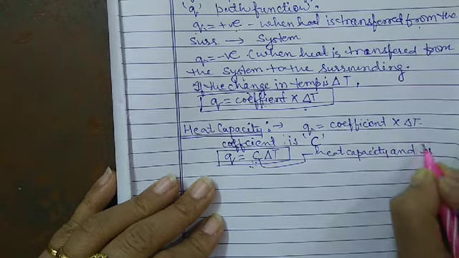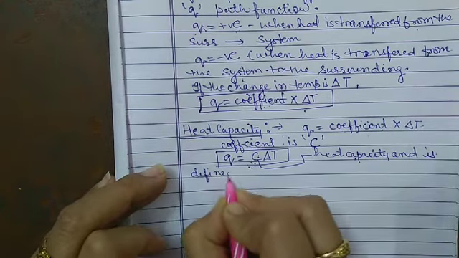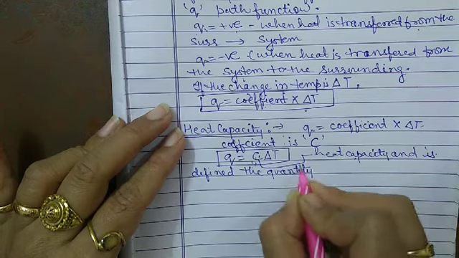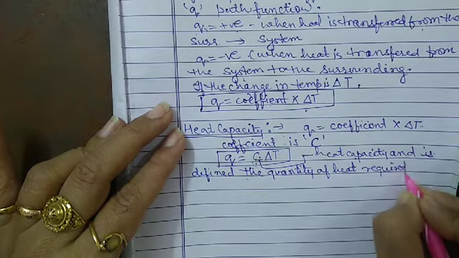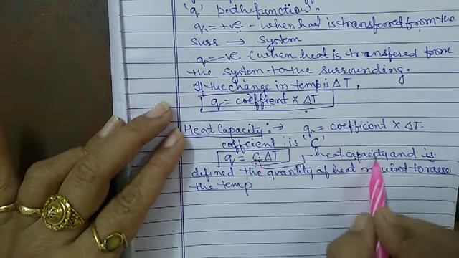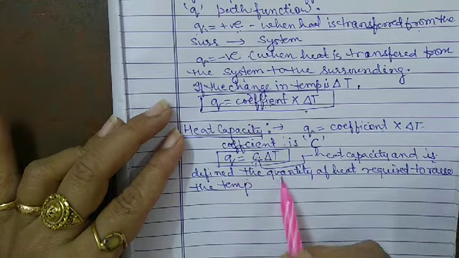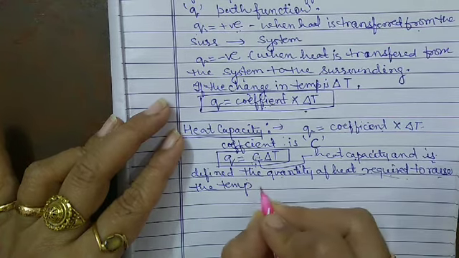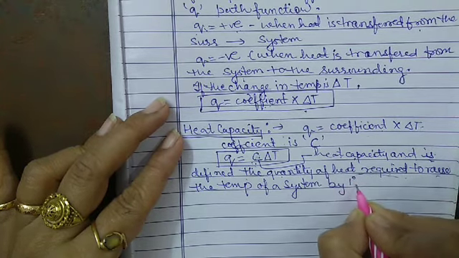This coefficient C is called heat capacity and is defined as the quantity of heat required to raise the temperature of a system by 1 degree.